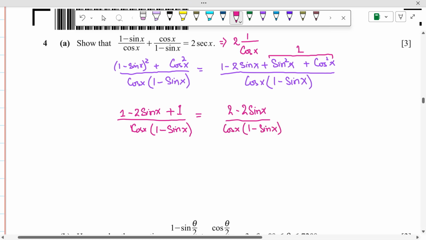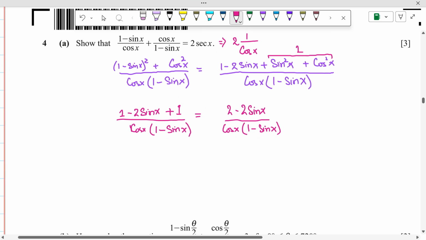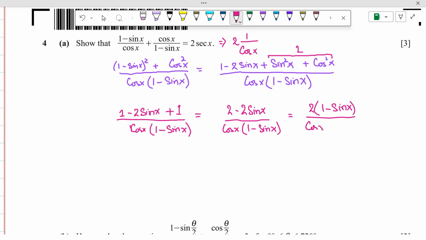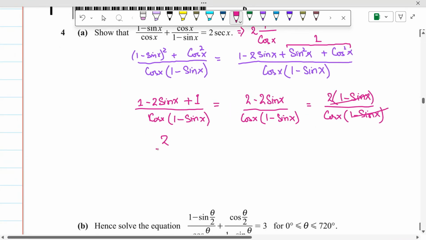When we take 2 common, we will have 1 minus sine of x. So (1 minus sine of x) will be cancelled out and we will have 2 over cos of x, which is the left hand side. Okay, so 2 times (1 minus sine of x) over cos of x times (1 minus sine of x). So this one will be cancelled out and we will have 2 over cos of x, which is equal to 2 times secant of x.